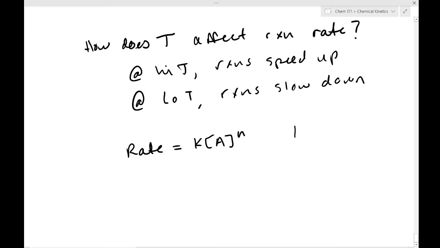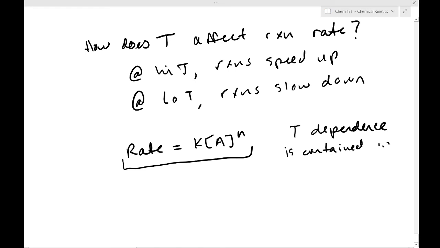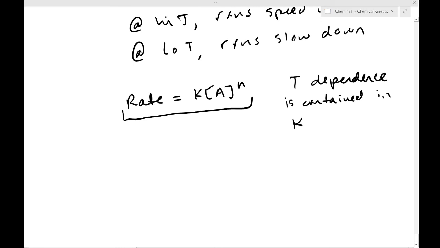The temperature dependence is not so obvious from this equation, but it turns out that the temperature dependence is contained in the rate constant, k. k is dependent on the temperature, and k is only constant at constant temperature.